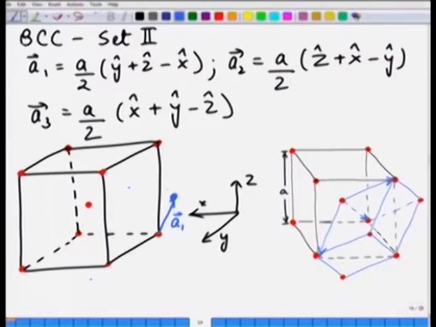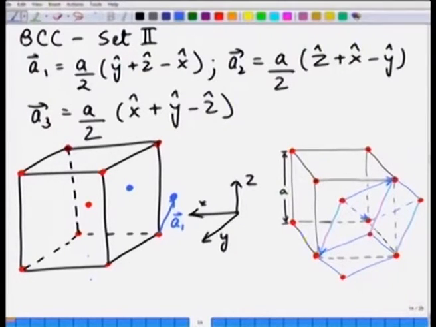This is the zx face, which is now given by z and x and minus y. In the y direction, you move half the distance. So, if you do that, you locate this point outside on this face, a body center point.